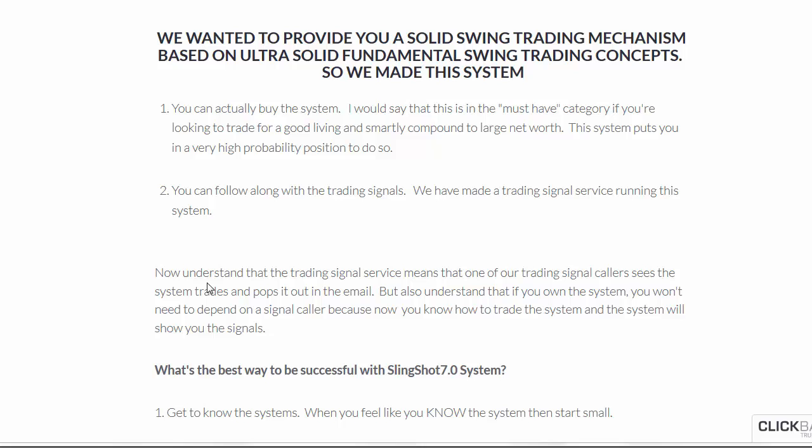Now, granted, the Signal service is based on a signal caller calling out the signals on a certain set of stocks, right? So that's going to be based on the signal caller's personal performance of the system, or the personal calling out. Now, with the system, you have the control of your own signal calling, and you can put this on any stock you want.